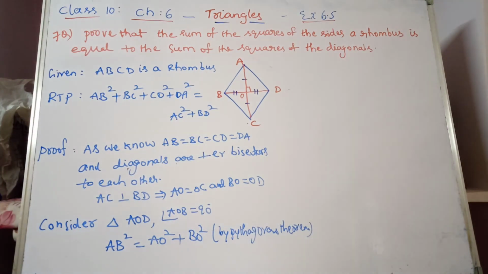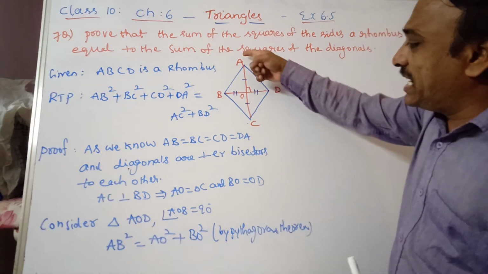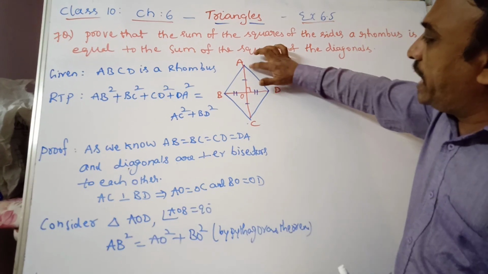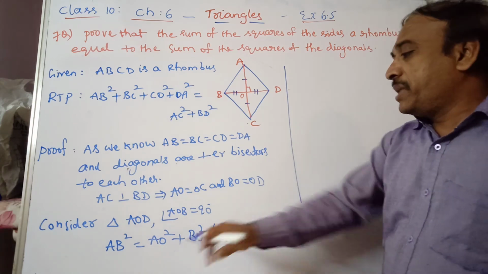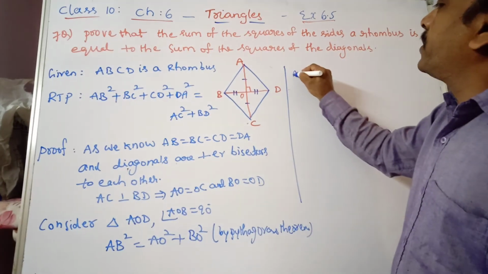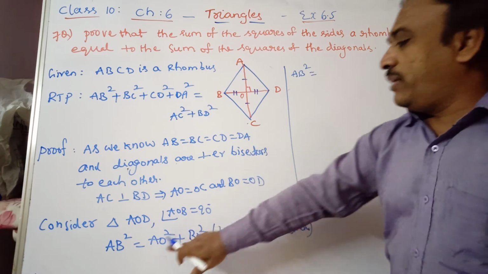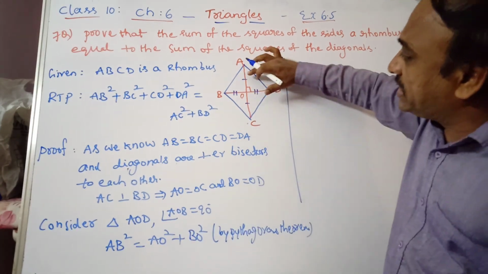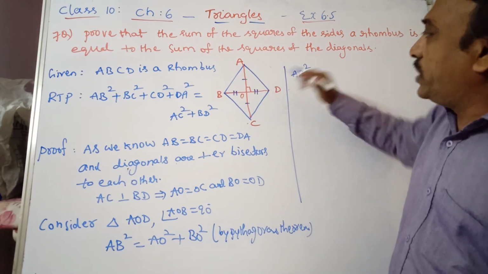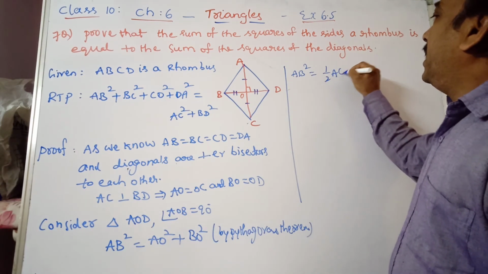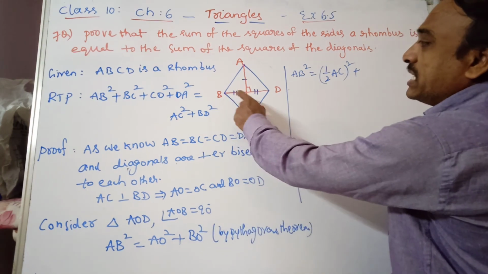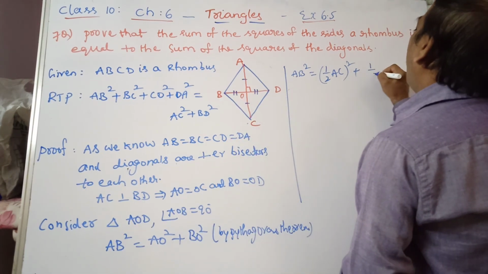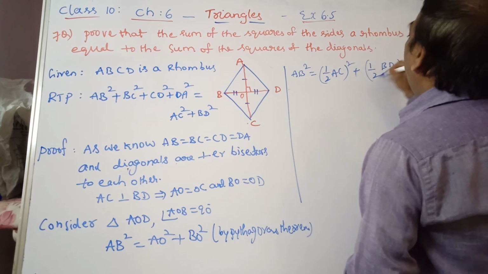Observe it, AO is nothing but half of AC, since the diagonals are meeting at the point O. Clearly you see, very easy one. AB square is equal to AO, which is half of AC because AO is equal to OC, squared, plus, similarly, BO is half of BD, so half of BD whole square.